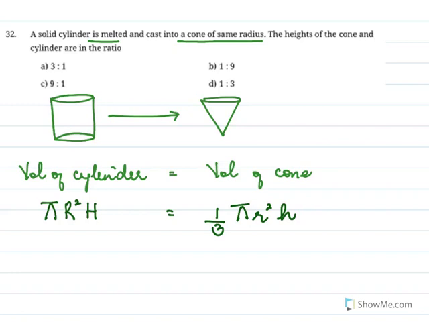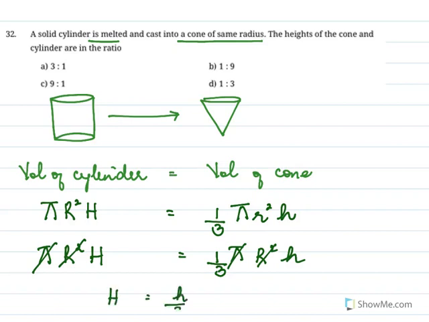Now they have the same radius, so the r I'm going to write same, here r square, and here 1 by 3 pi, here also r square, because the radius is the same radius. The heights of the cone and cylinder are in the ratio. We got to find these heights. So pi cancels, r square cancels, so we have h equal to h over 3. So h over h equal to 1 by 3. So the ratio is 1:3. So 1:3 is the right answer.